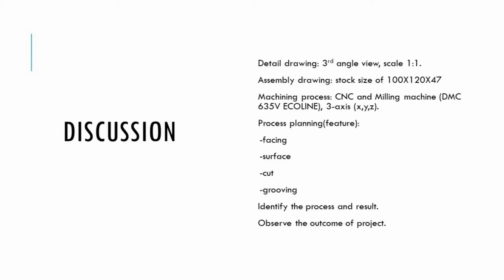Thus, we run the centerline simulation and 3D simulation to observe the outcome of our solid modeling and check if the process and result are correct. Moreover, NC codes are generated and verified. Finally, from the beginning towards the end of this mini project, there weren't any complications, and we managed to reduce the time to finish this mini project.